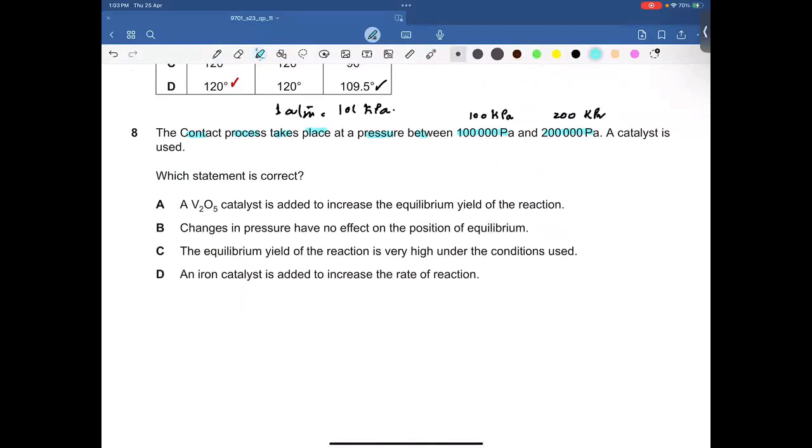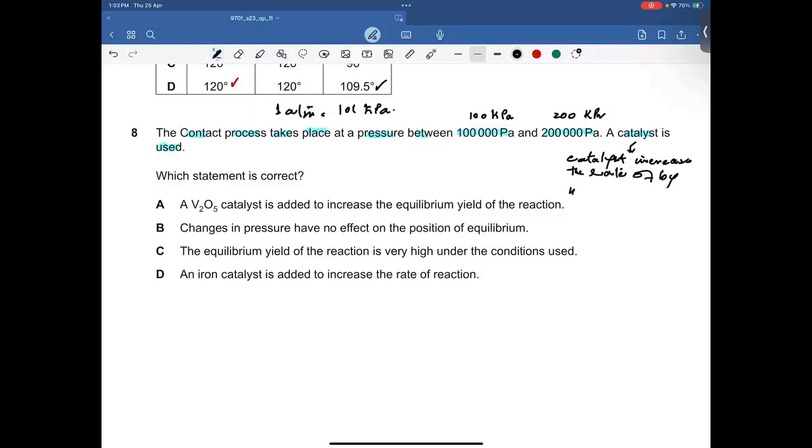Okay. A catalyst is used. A catalyst increases the rate of reaction. And how does it increase the rate of reaction?